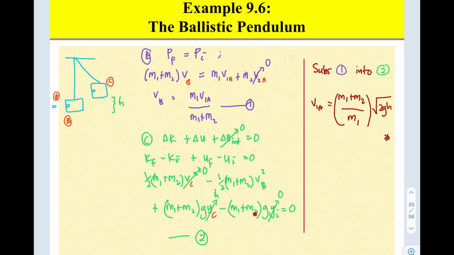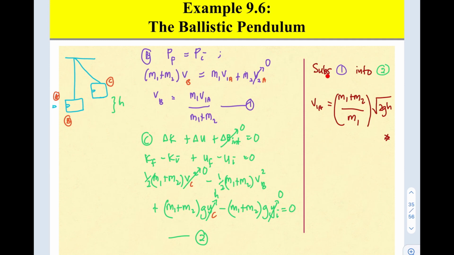And U initial is at the ground level, or the 0 level here, so Y initial is 0. Bear in mind, all of this equals 0. So here we have equation 2.